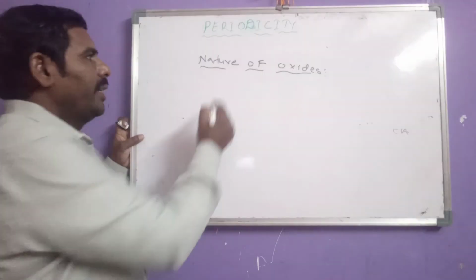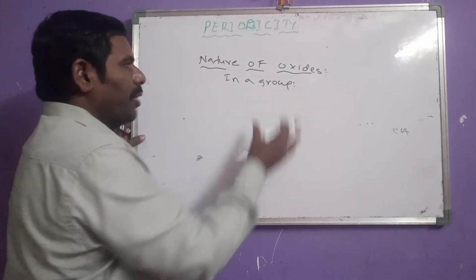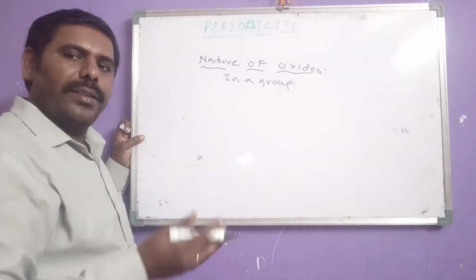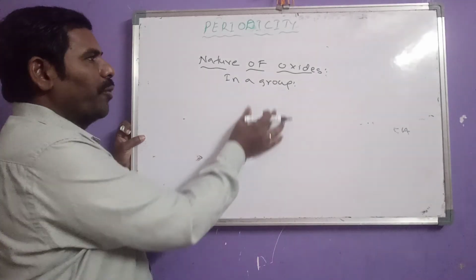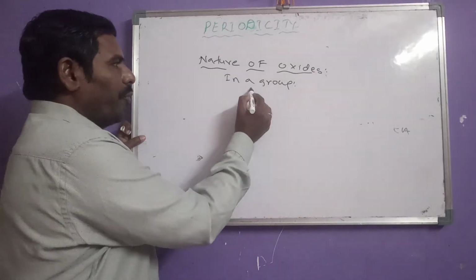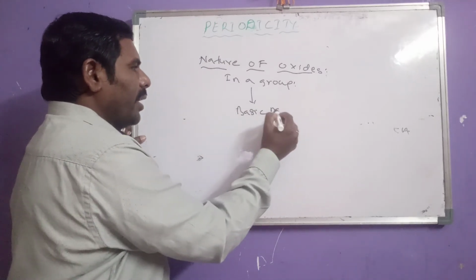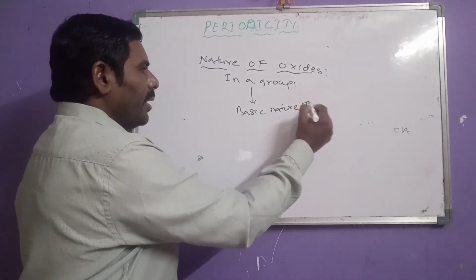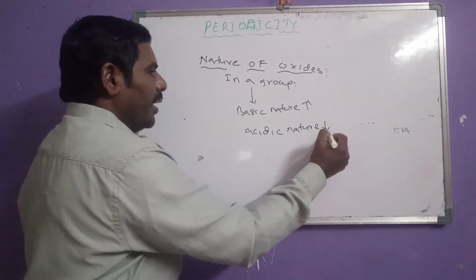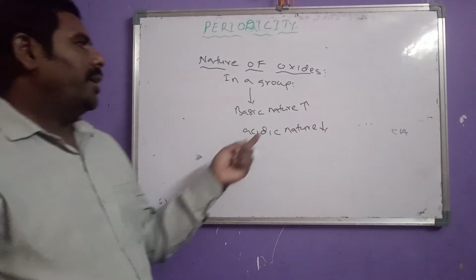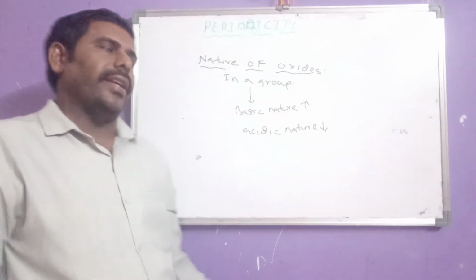In a group, what happens to the nature of oxides from top to bottom, and in a period. These are the two things we have to consider. First, in a group from top to bottom, basic nature increases and acidic nature decreases.